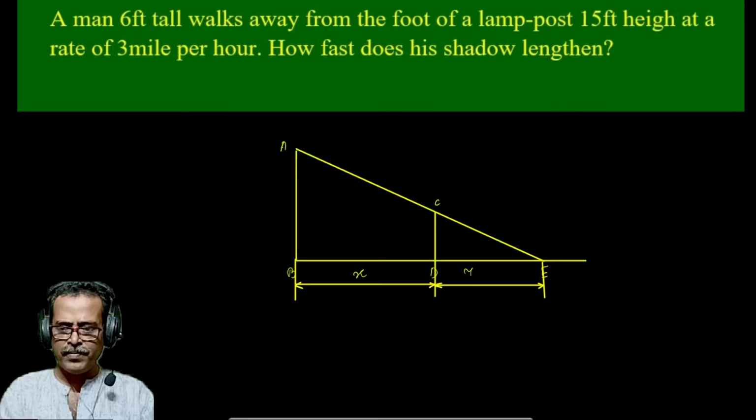This is y. Now from the basic proportionality theorem, you can say that DE by BE is equal to DC by AB.